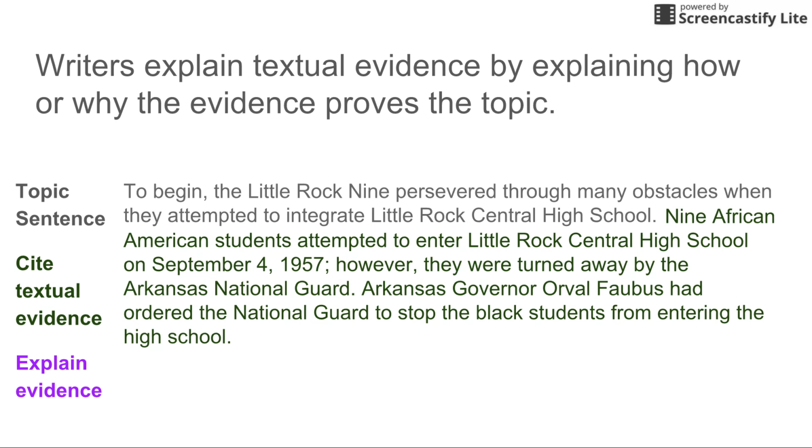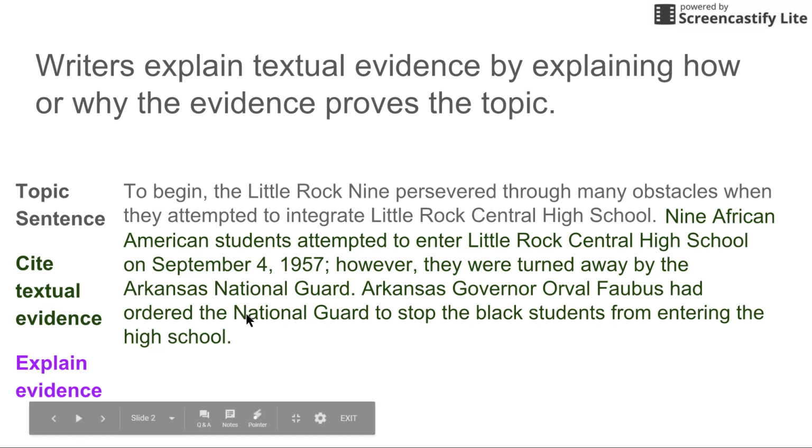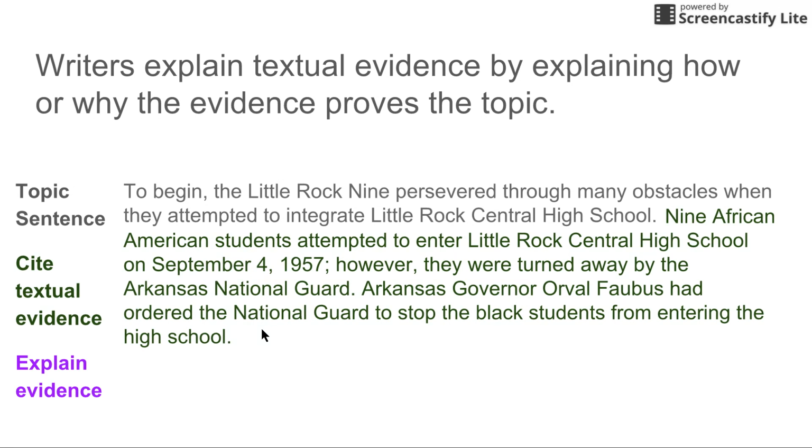My next step, I need to explain how this information about the events of September 4th, 1957, proves that the Little Rock Nine had encountered an obstacle. I have to explain why or how the events of September 4th, 1957 are considered an obstacle.